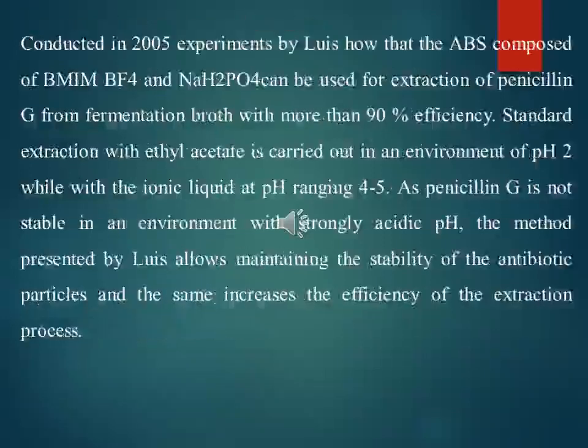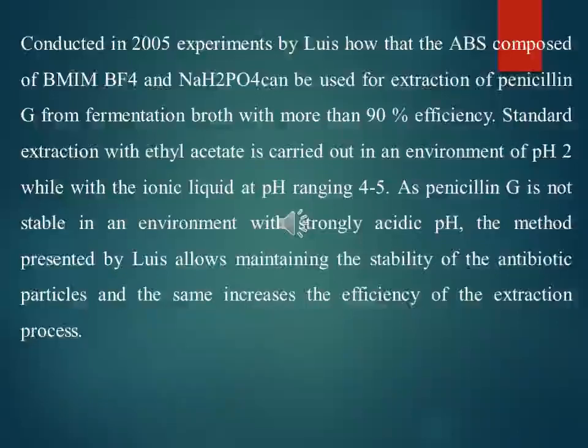In experiments conducted in 2005, Lewis showed how the ABS composed of BMIM BF4 and sodium biphosphate can be used for extraction of penicillin G from fermentation broth with more than 90% efficiency.